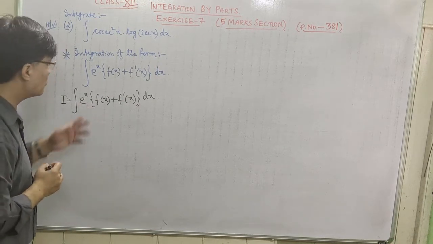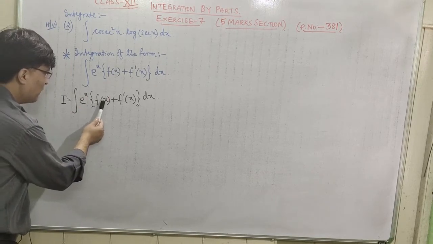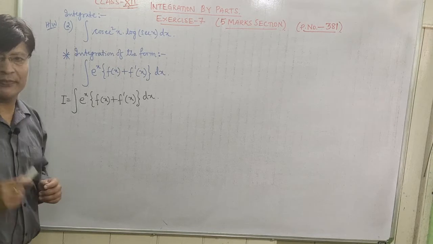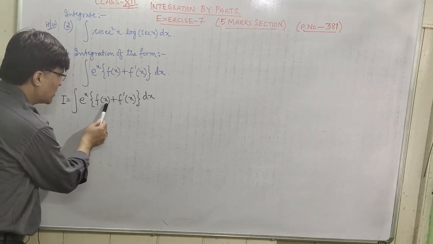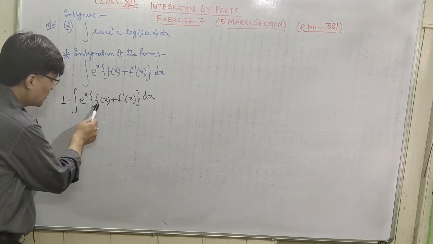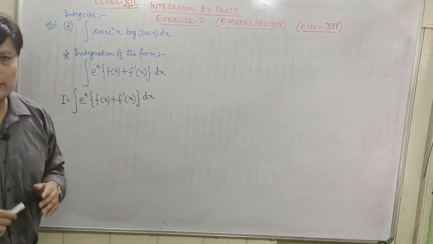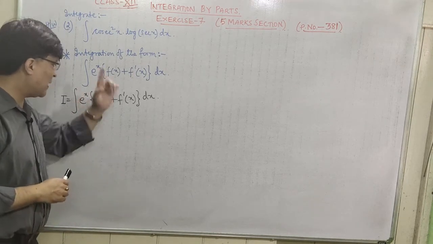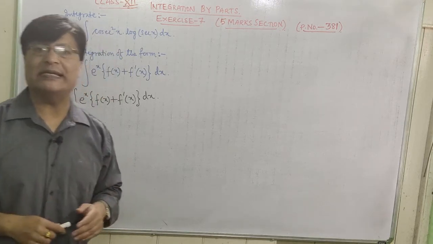So first of all you have to check this function. So what is the relation between f of x and f dash of x? You know that differentiation of f of x with respect to x is f dash of x. That is, differentiation of the first function is the second function, right? So what will you do here is, let us multiply by e to the power x first and then let us separate this integration.